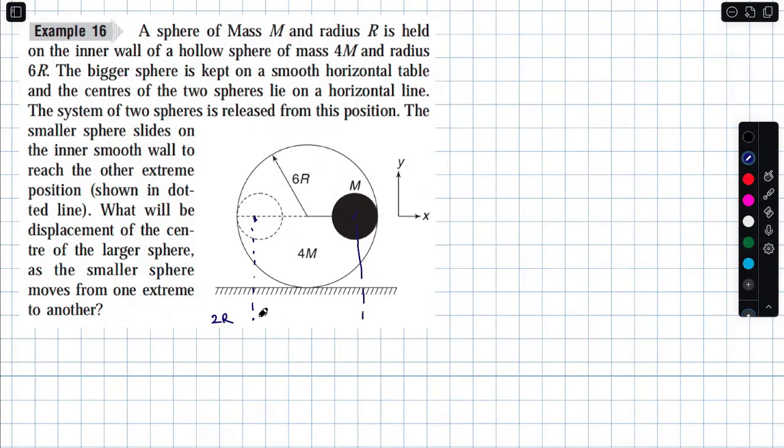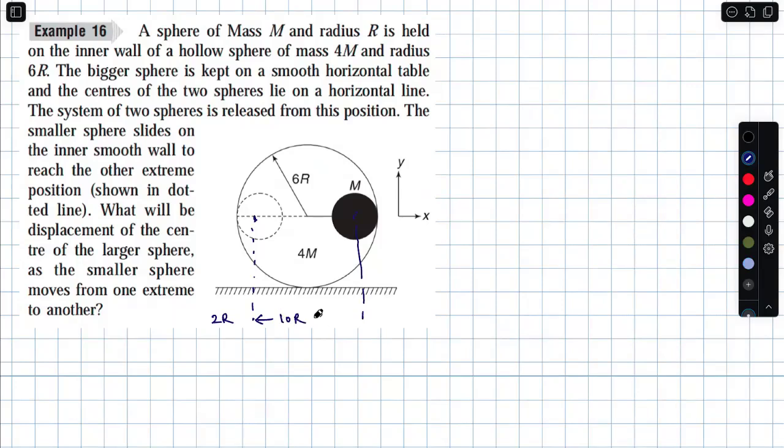Can someone please explain? Total is 12R diameter, yes or no? Out of which how much do you need to subtract? 2R. Why? Because this is R radius and this part is also R radius.